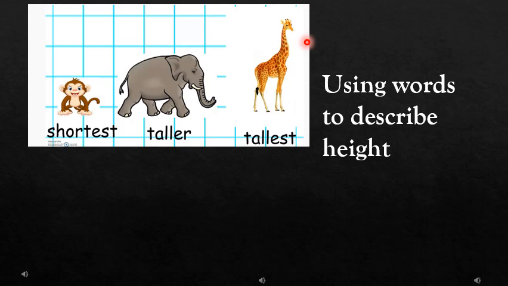The giraffe is the tallest animal of all 3 animals. The monkey is the shortest animal of all 3 animals. And because the elephant is in the middle, he is taller than the monkey, but he is also shorter than the giraffe.